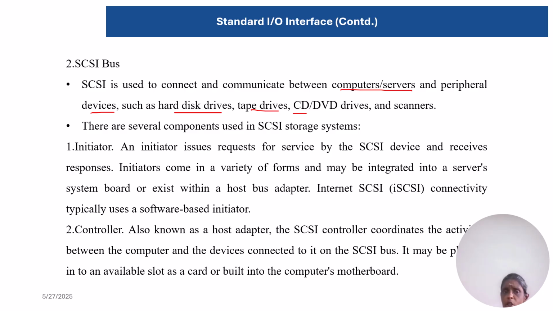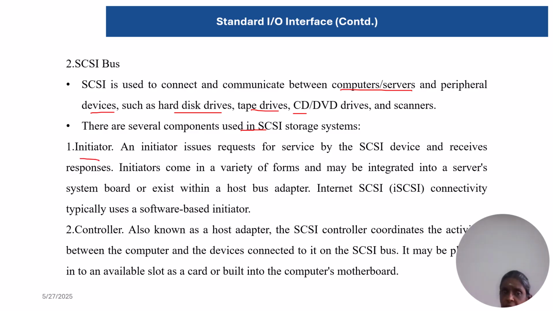There are several components used in a SCSI storage system. So it is also a bus, but this bus has many components. What are the components inside this SCSI bus?